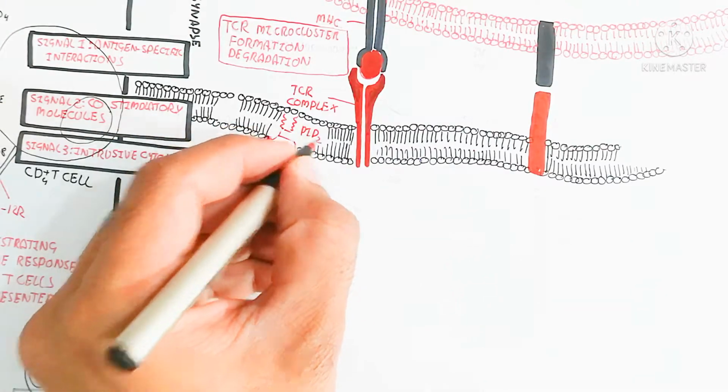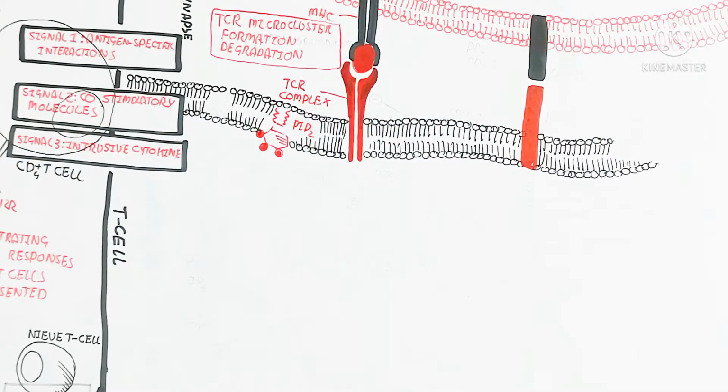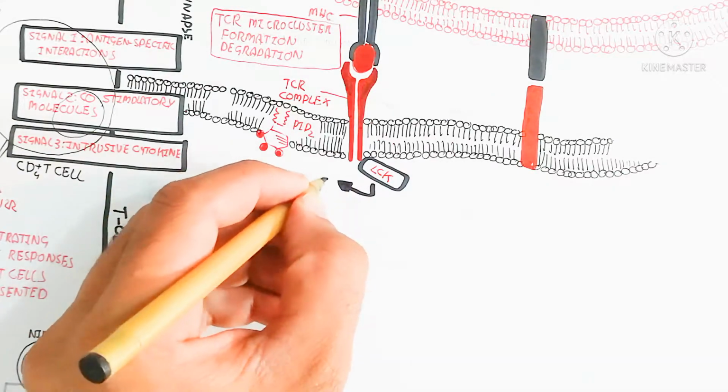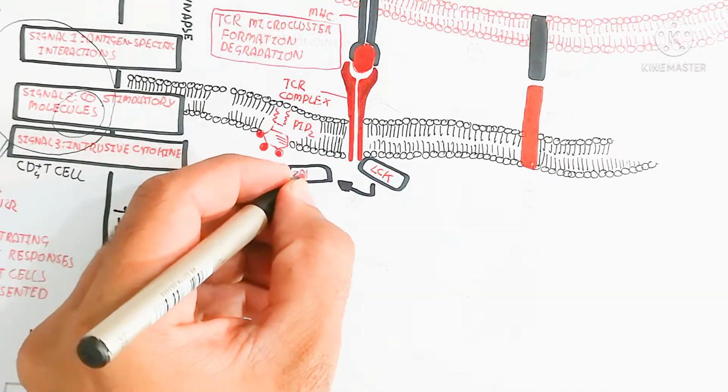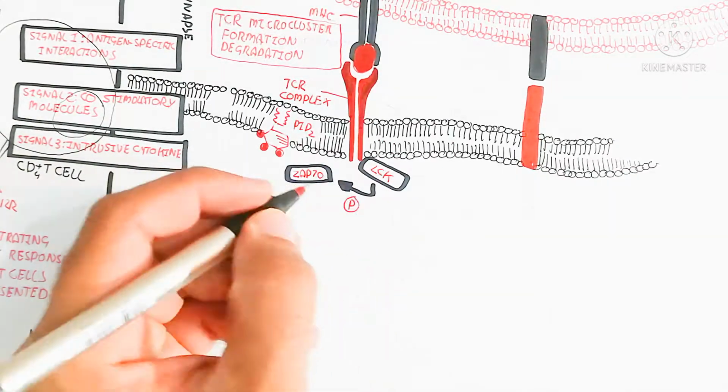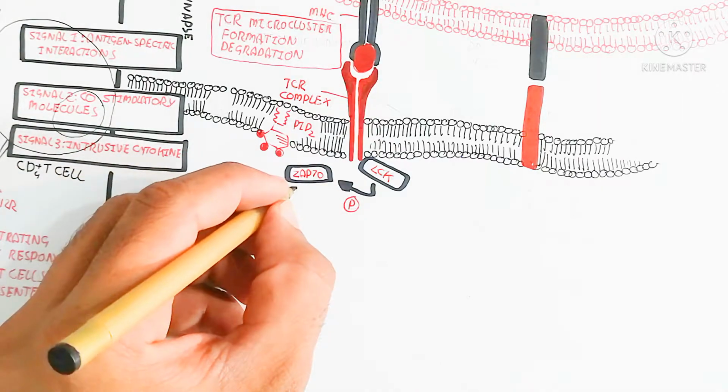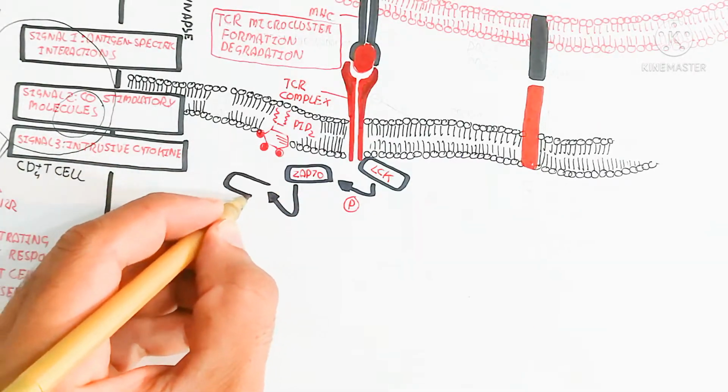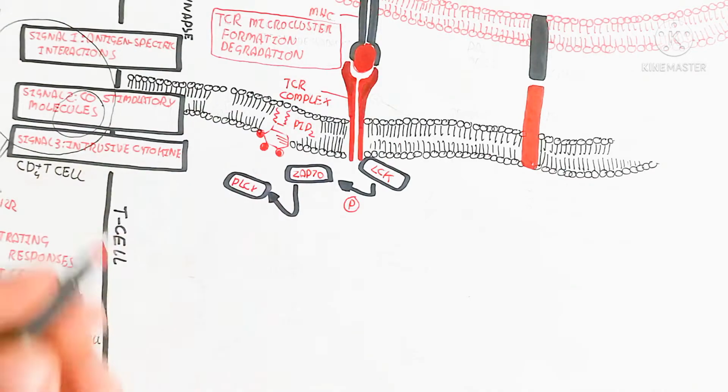Here you can see PIP2, phosphatidylinositol bisphosphate, which is a part of the plasma membrane. LCK is activated by phosphorylation to activate ZAP70.